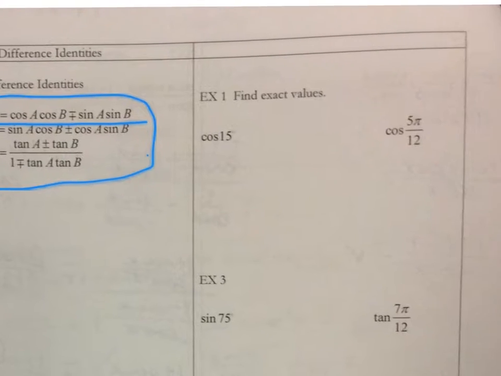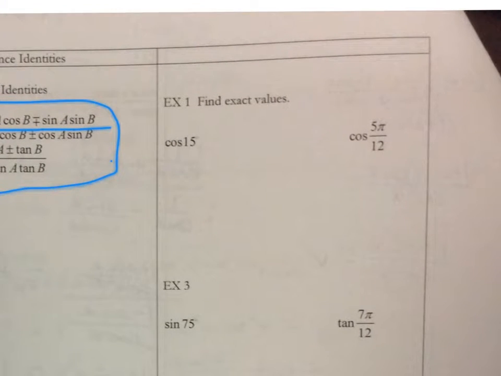Now we have several different choices for that. We could choose 45 and 30. That's the one I'm going to use here. So I'm going to think of this as cosine of 45 minus 30. Now that's not my only option. I could have chosen 150 minus 135, or 135 minus 120, or 330 minus 315, or a whole bunch of different things.